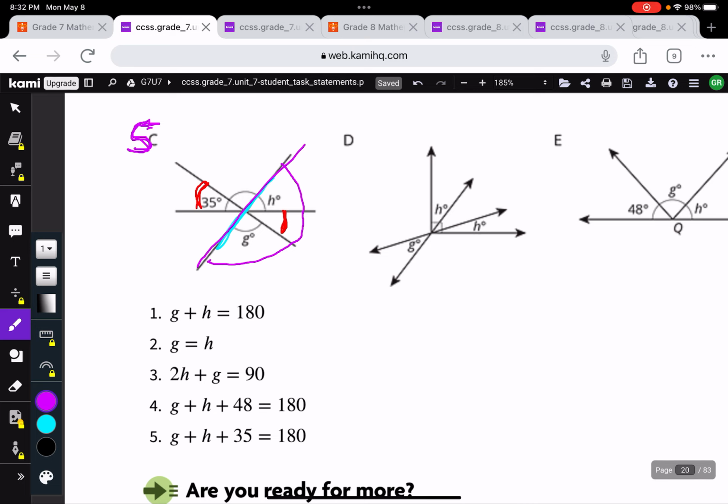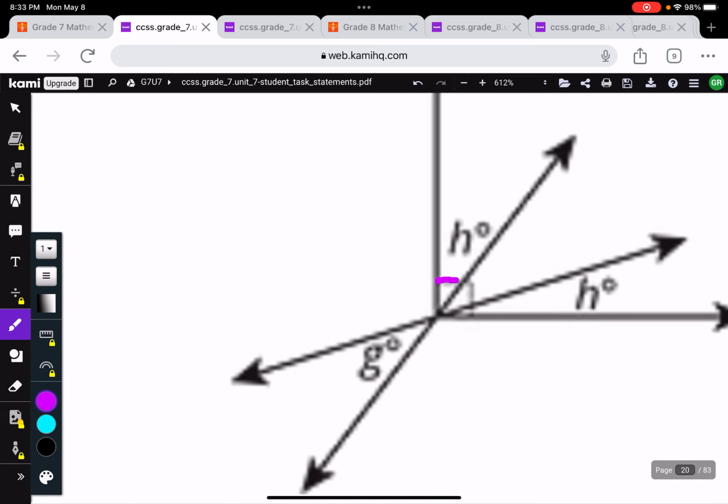Letter D. All sorts of crazy stuff. I do see a 90 degree. If I zoom in right there, that little square means I got a 90-degree angle right here. I got H. Is that an H?